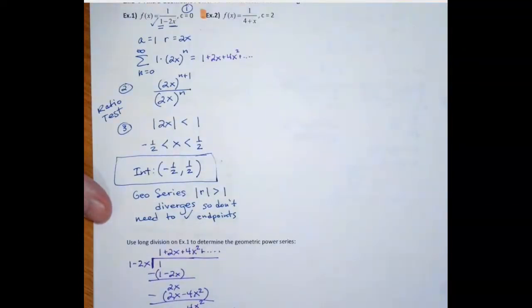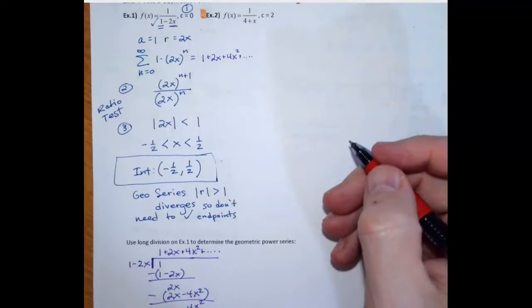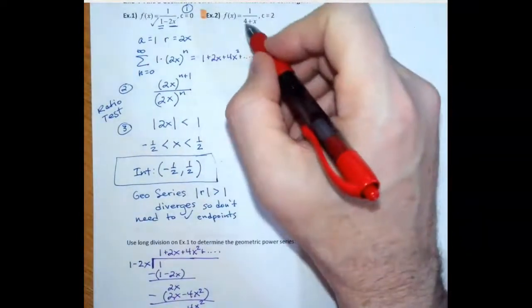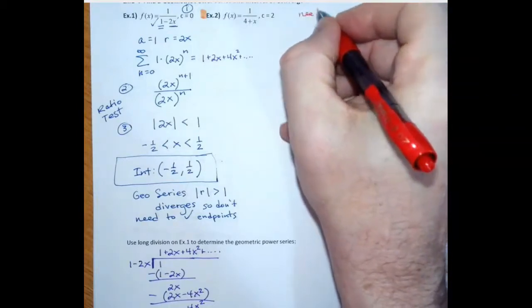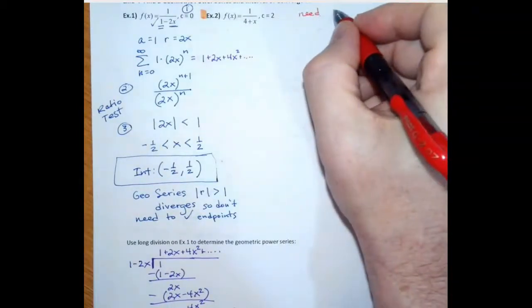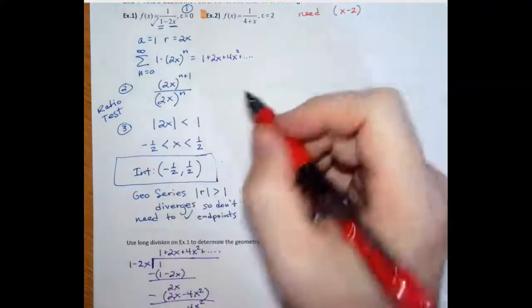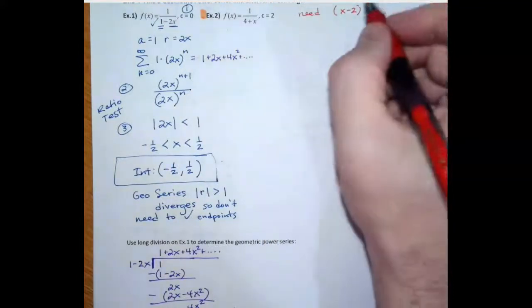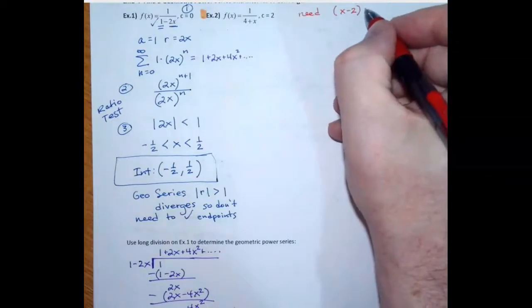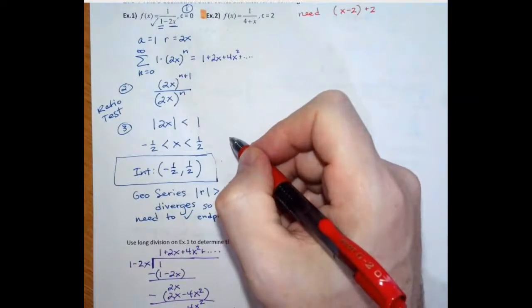Now, this one is a bit more tricky as far as setting it up. So we need to work on this function first. So over here, we need x minus 2. So in order to do that, you have to think about, well, what would that be? So x minus 2 plus 2 would still maintain the integrity of that.